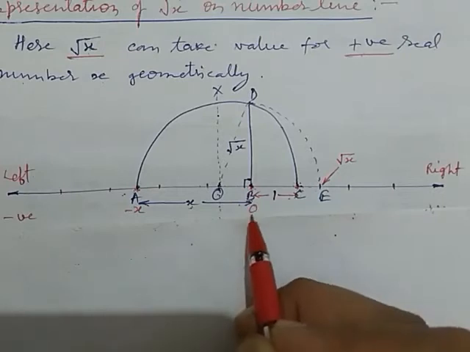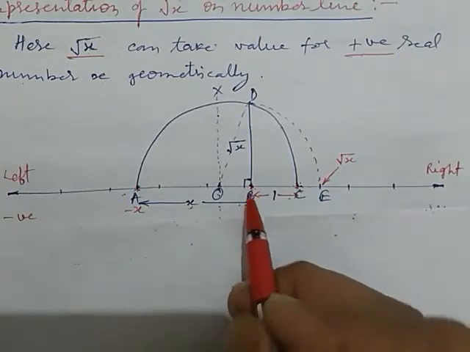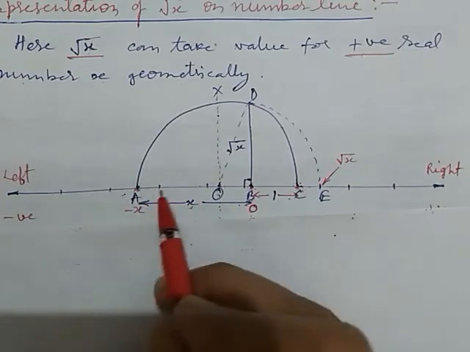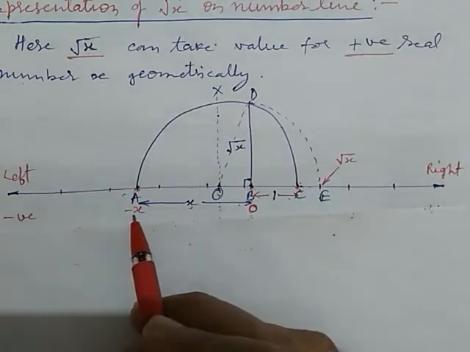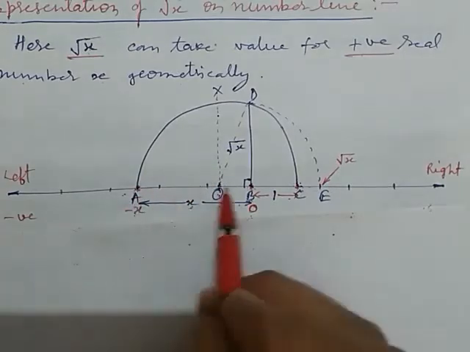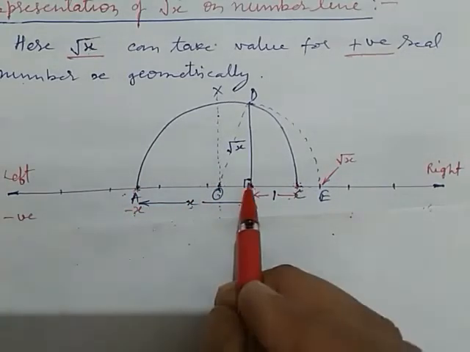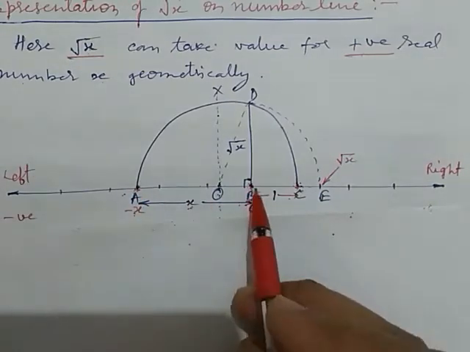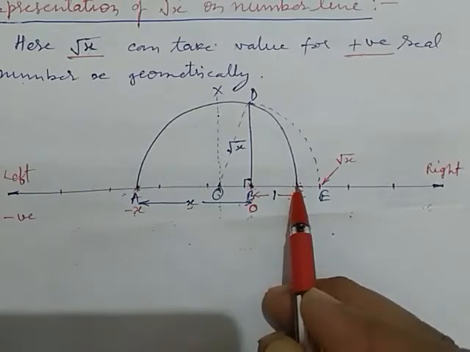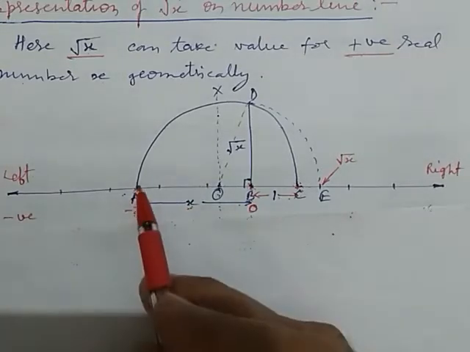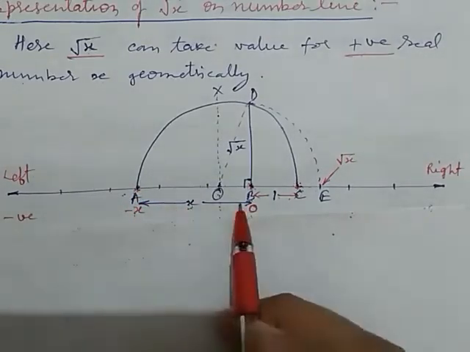Here is the 0 of the number line, and we take x units in the negative direction, that is, this is minus x, so geometrically this becomes x. So AB is x, and we take 1 unit on the positive side. This is BC. So geometrically this AC is x plus 1.